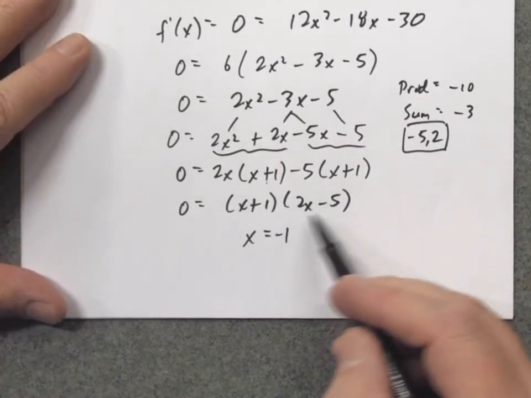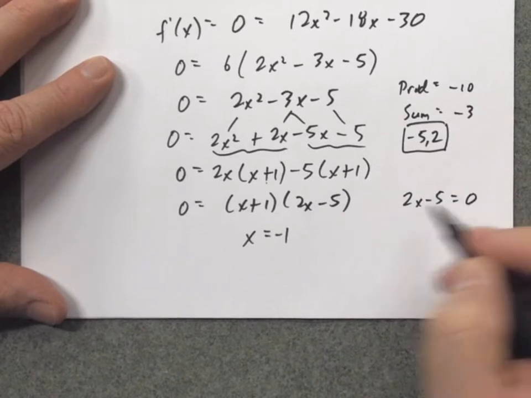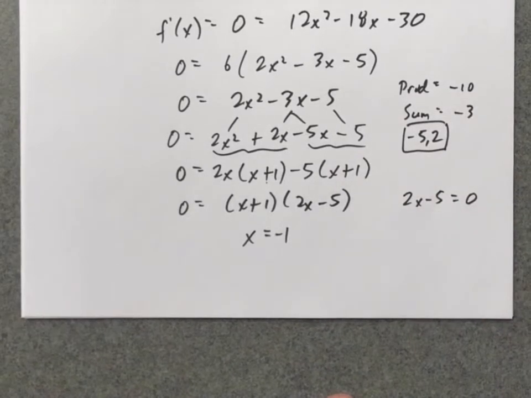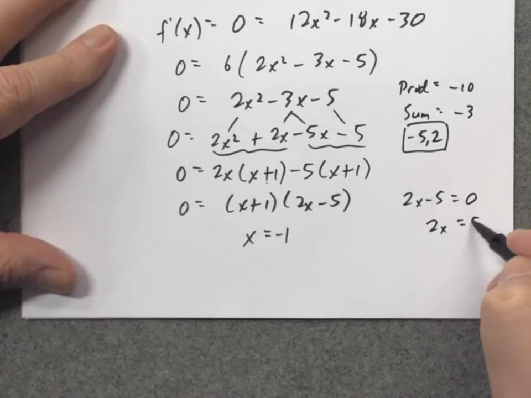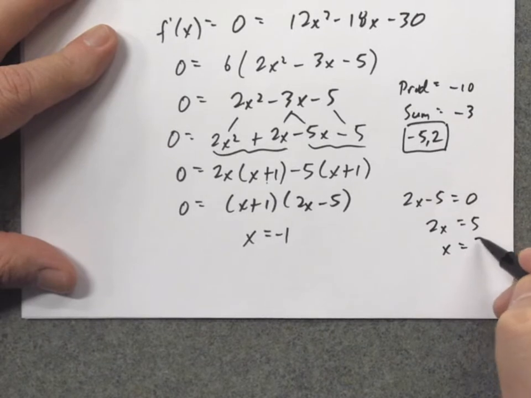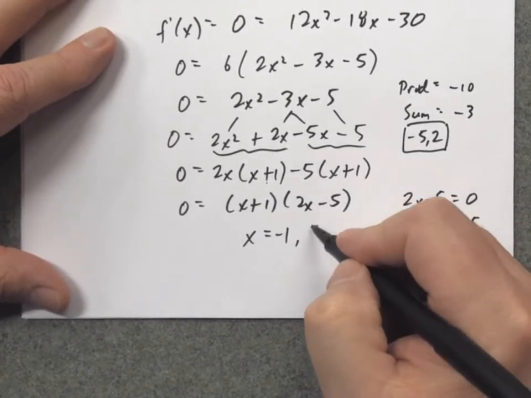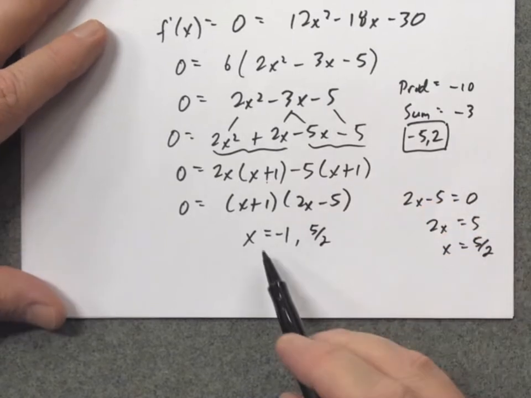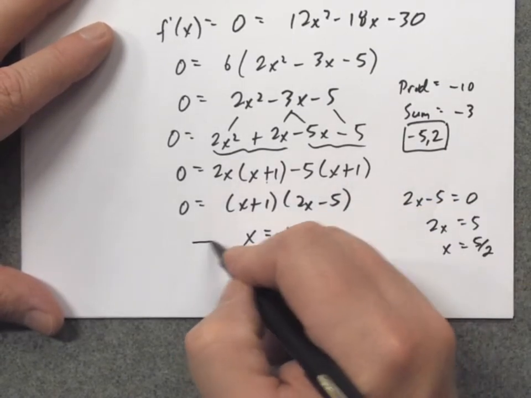This one, it's not as obvious. In fact, I may go off to the side and say, well, I need to set whatever's inside the parenthesis equal to 0 and solve it. Add 5 to both sides, divide both sides by 2. So I actually have two solutions. X is negative 1 and x is 5/2.